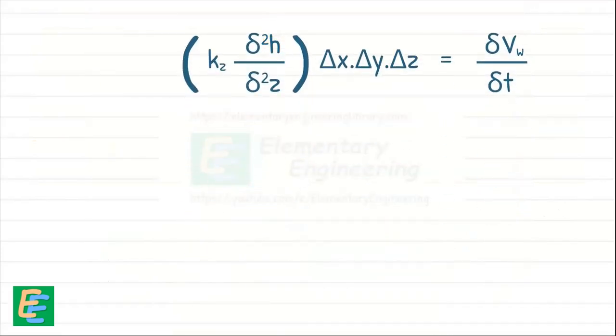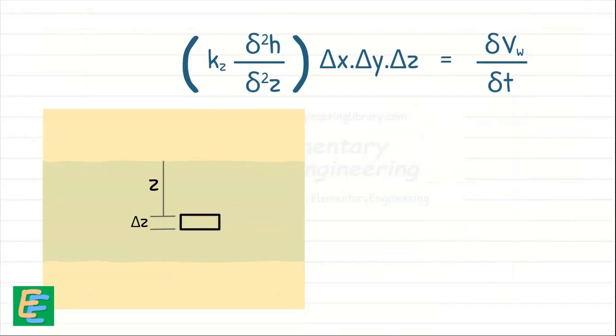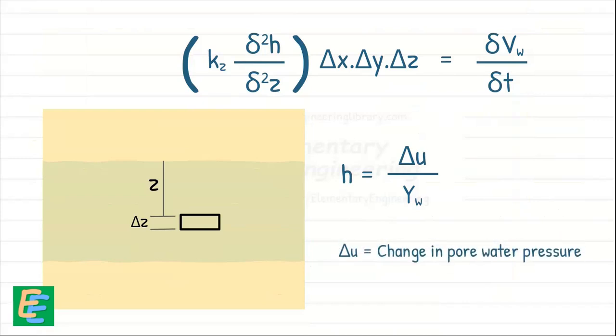Now H is the head across the soil element, and this head at any instant and at this particular depth is equal to delta U by gamma w. Here, delta U is the change in pore water pressure due to the applied load, or simply the excess pore water pressure at a particular time.